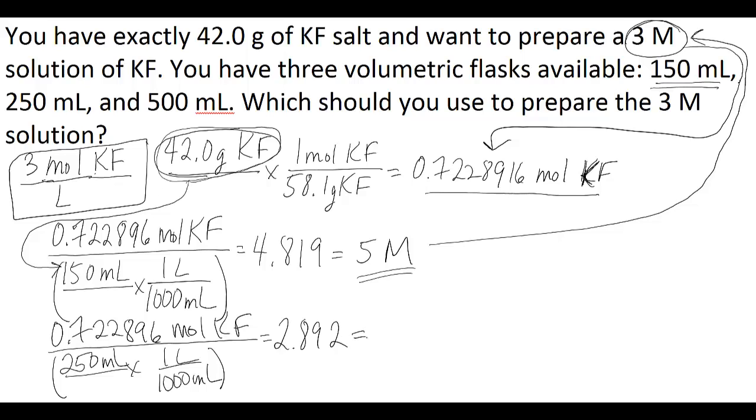So is that good enough? Well, yes, because the limiting digit here for significant figures is the 3 for molarity. So we only have 1 sig fig here. So you can round this number, the 2.892, to 1 sig fig, which is going to give you a molarity of 3. So the answer is you'd want to use the 250 milliliter volumetric flask to prepare this solution.